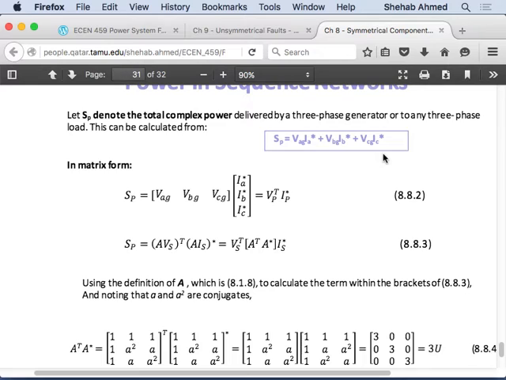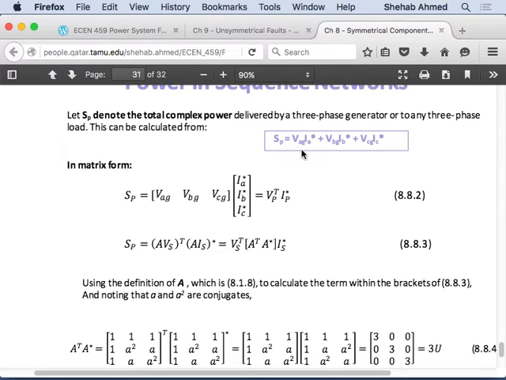You can calculate the power from there, from the phase B, and then from phase C. So this is power in phase quantities equal to voltage times the current conjugate, for the 3 phases, right? So we can write that in matrix form as two vectors, and then we can convert the matrix. Again, we know the relationship between V phase.